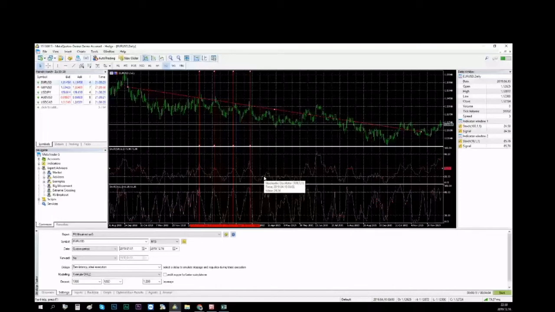Yes, I understand about slowing, and yes, all indicators are lagging indicators, you are right, Aytaç. But I'm saying this for stochastic, because I'm always using stochastic for my strategies.